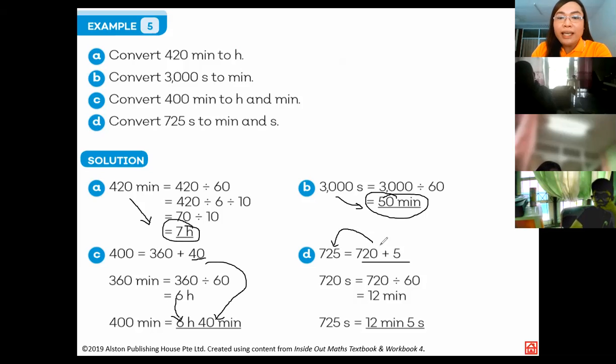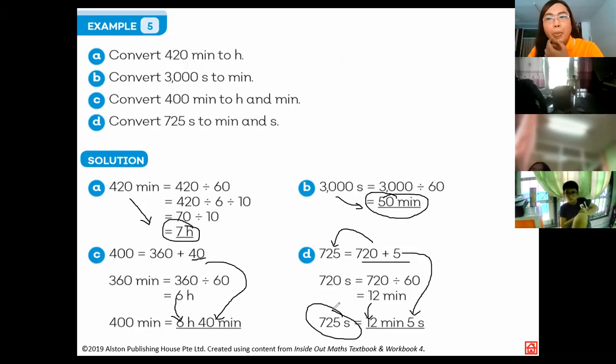So now we can divide 720 by 60. That's 12 minutes. So we will just bring down 5 seconds. So there are 12 minutes and 5 seconds in 725 seconds.